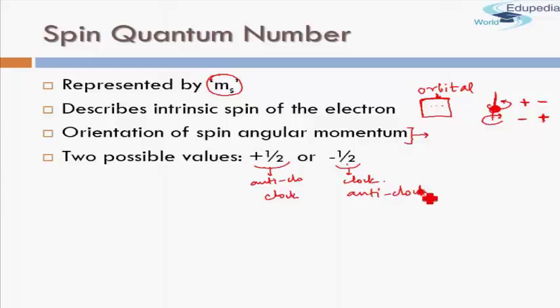In some literature, you might find that positive always indicates anti-clockwise or clockwise rotation. That is not correct. These positive and negative values don't have actual physical significance. For our purpose, they are just to differentiate between the two electrons staying inside the same orbital.